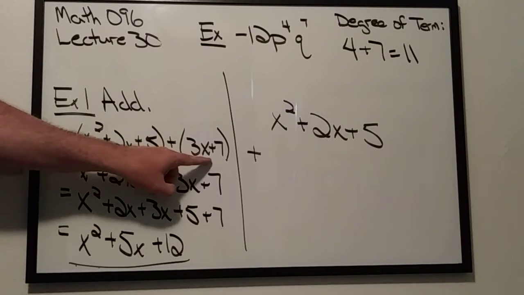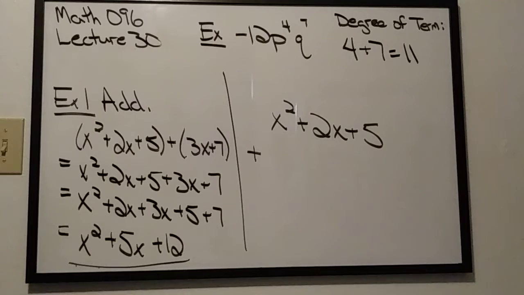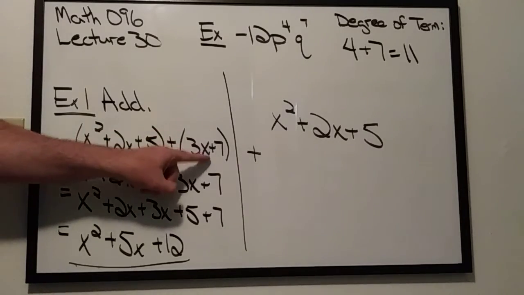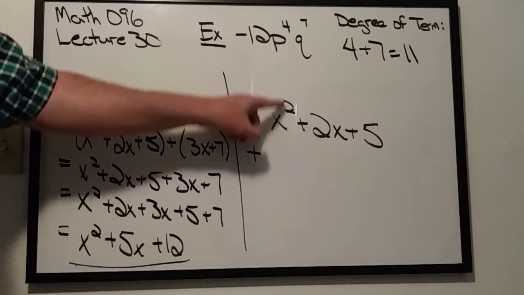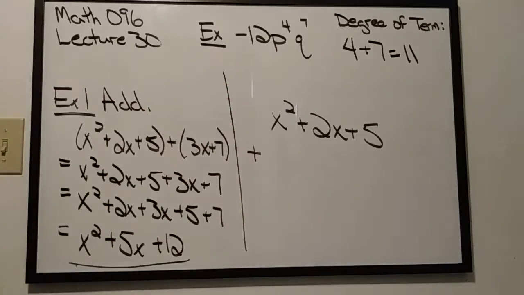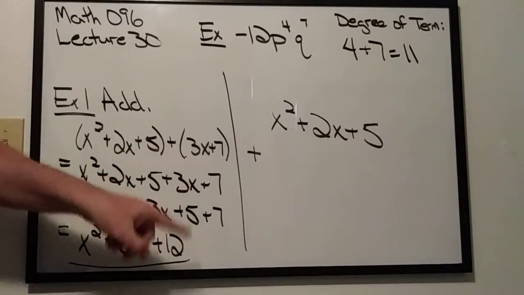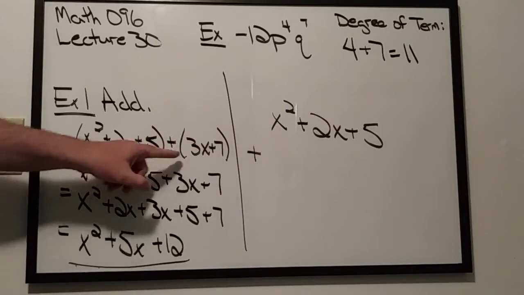So my first term in the second polynomial is 3x. Because that has a power of 1, I don't want to write it underneath the x squared, because that has a power of 2. So once again, the whole idea here of adding these in columns is to make sure that everything in terms of the same power is lined up. So x squared, well, I don't have an x squared in this one, so I'm just going to move on.